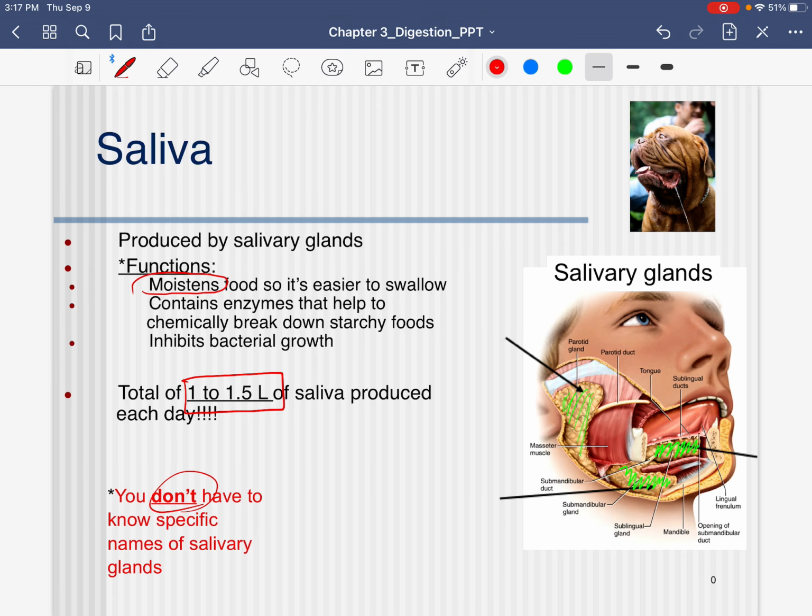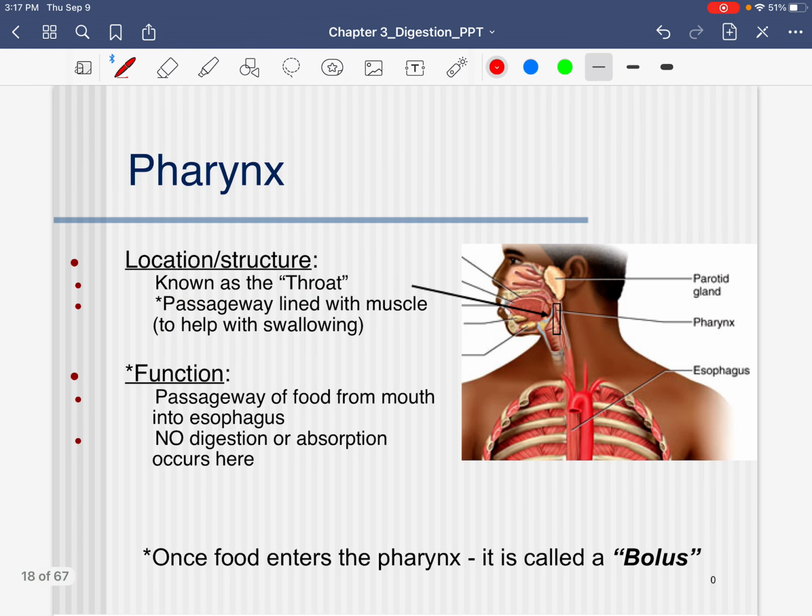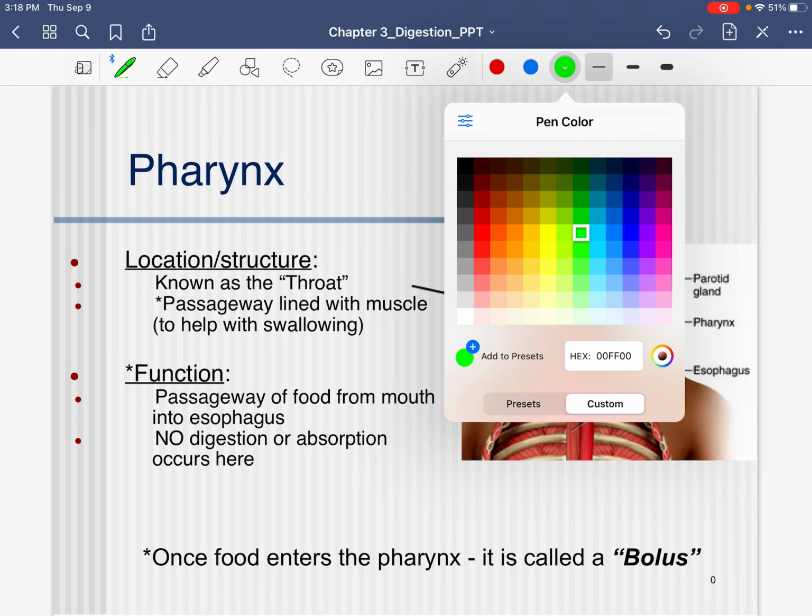Think about a 2-liter soda bottle from the grocery store. In the course of a day, your salivary glands produce about 1 to 1.5 liters. We produce a lot of saliva. It really helps the digestion process.